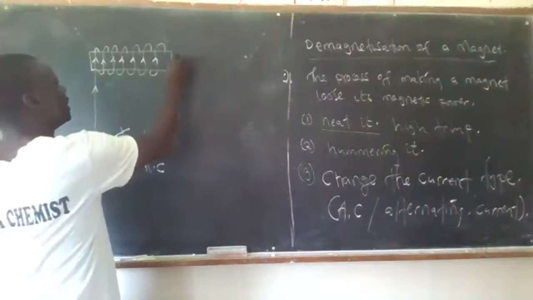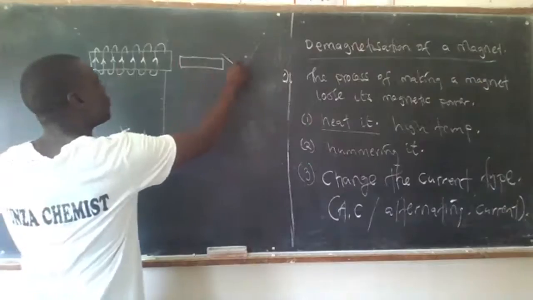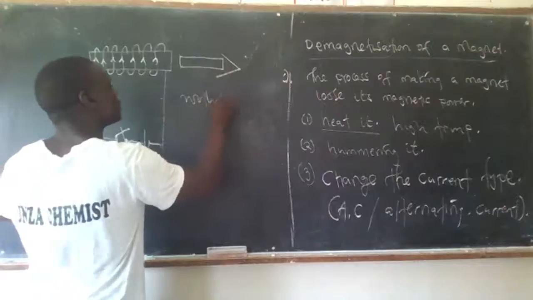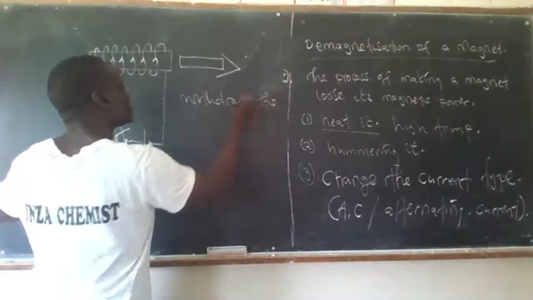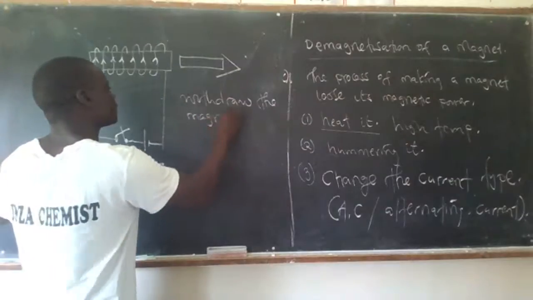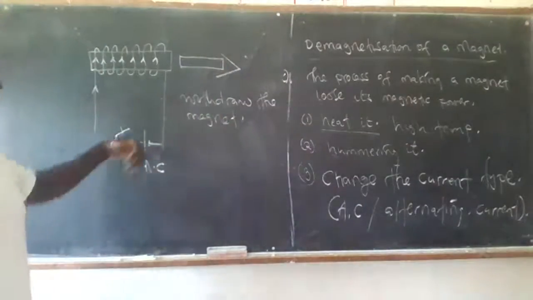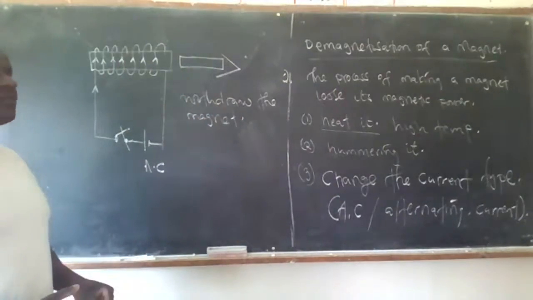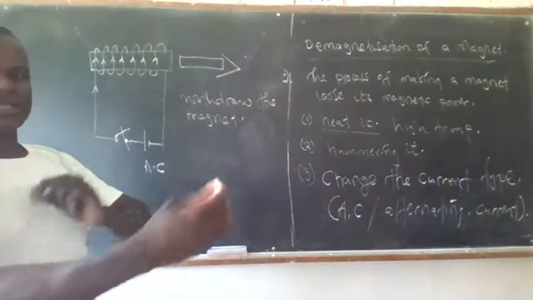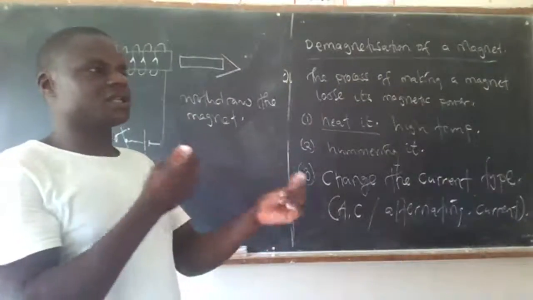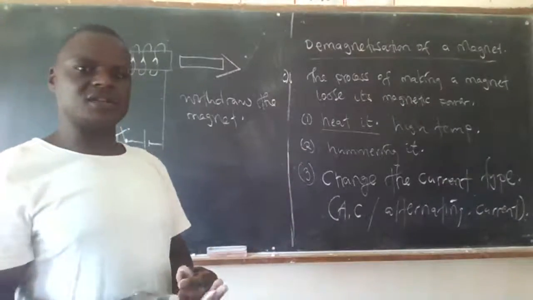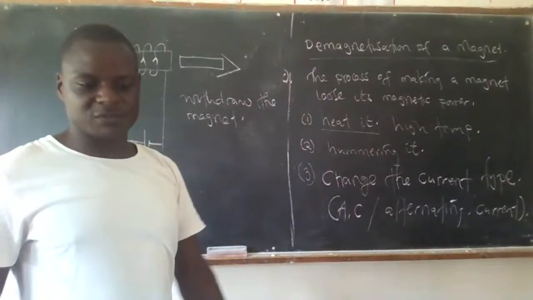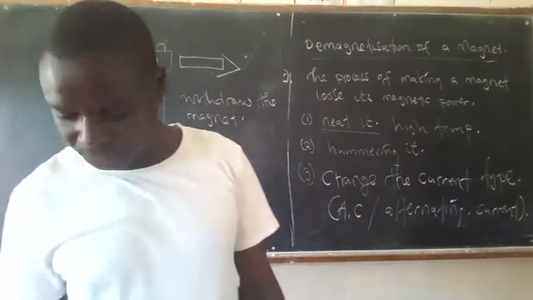The moment you close the switch, then you withdraw the magnet. Once the switch is closed, you withdraw that magnet that you have made. You have to repeat this process several times. At the end of the day, you find that this magnetic material will go back to its initial position.